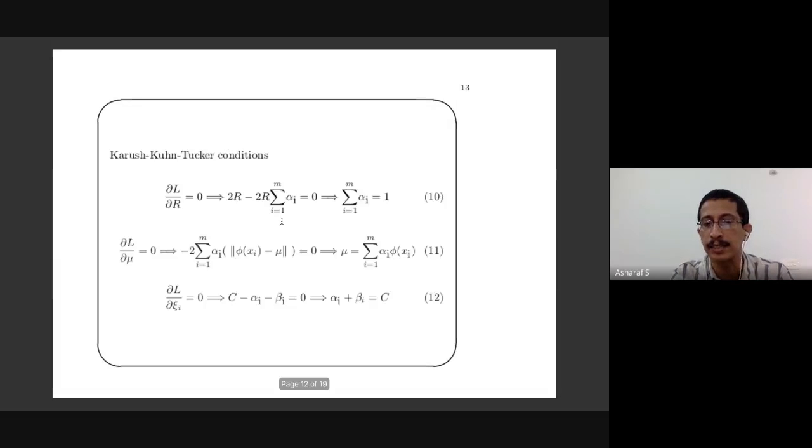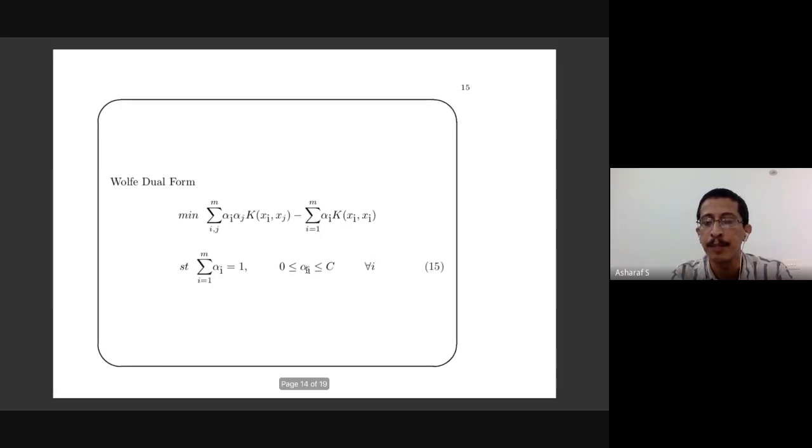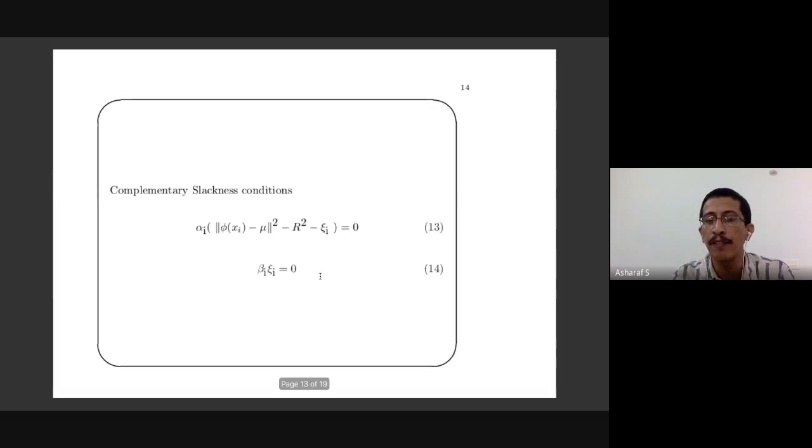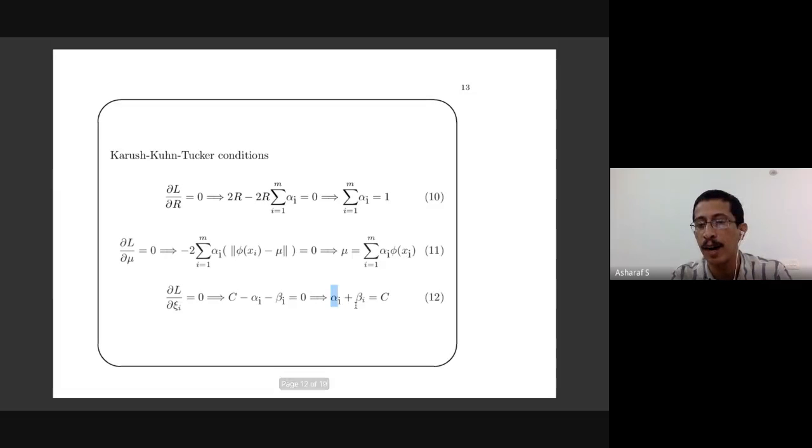What is the next case? Just like the soft margin case, α_i can be between 0 and C. What is β_i? β_i is equal to C minus α_i. α_i is less than C, which means that C minus α_i will be positive.